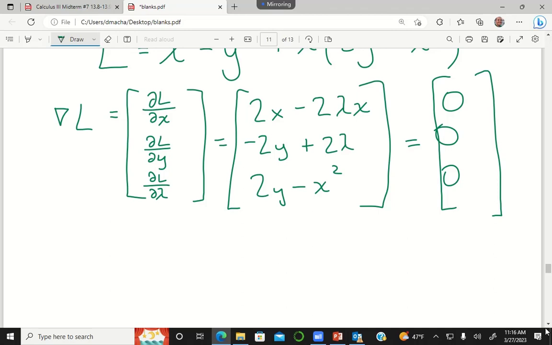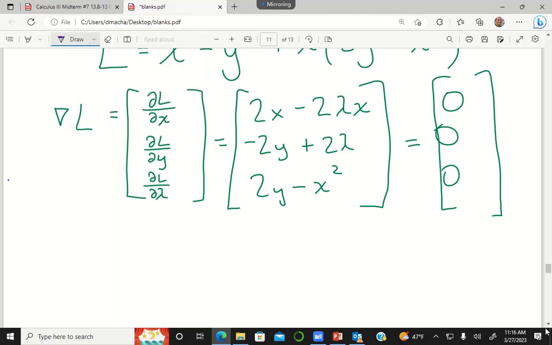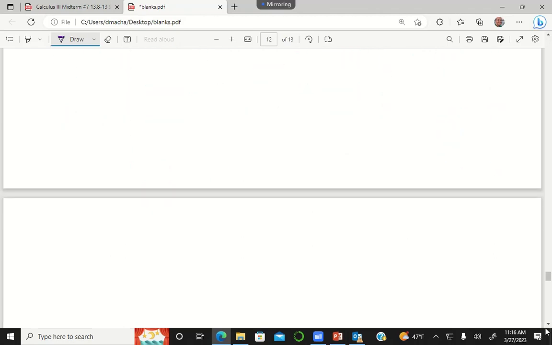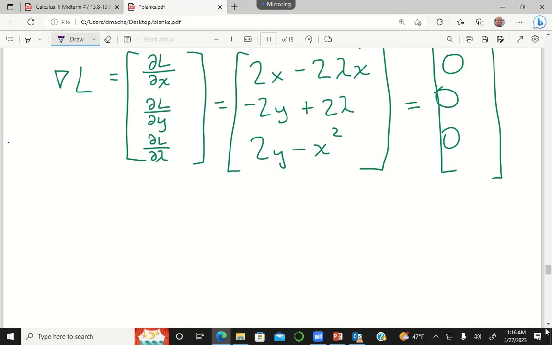And so I can solve that system of equations using substitution. If these were linear equations, I could solve it using Gaussian elimination, but in this case they're nonlinear, and so we're going to use substitution in the case where I have to solve it by hand.